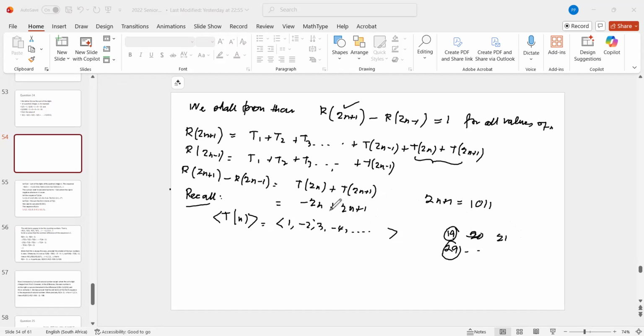Actually, it's not necessarily 2n. Yeah, I must just be a little bit careful here. But what I want to say is that at those spots, let's just take these things out. I got an even number in the front and an odd number.